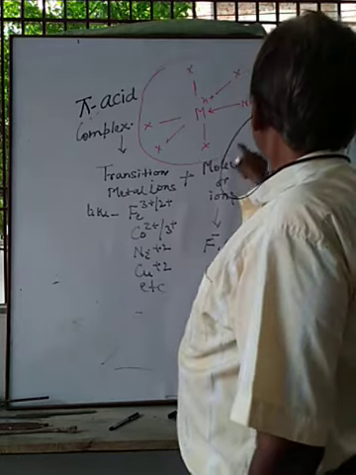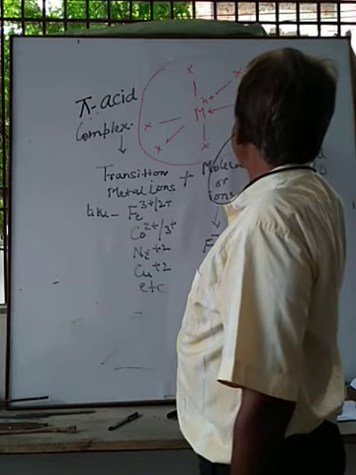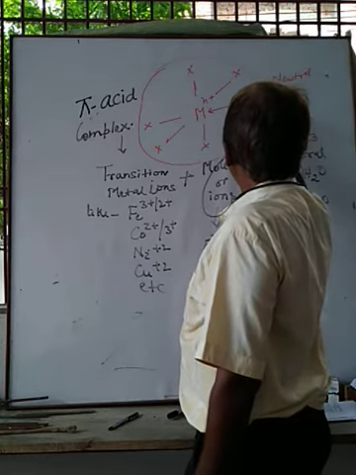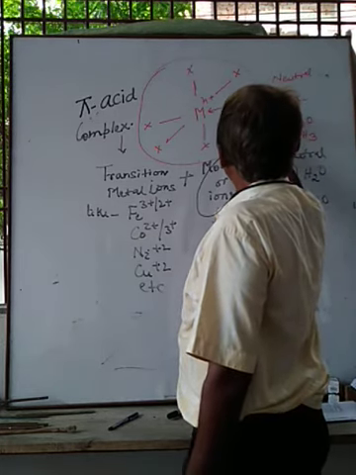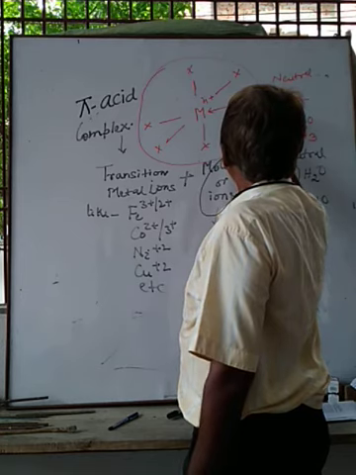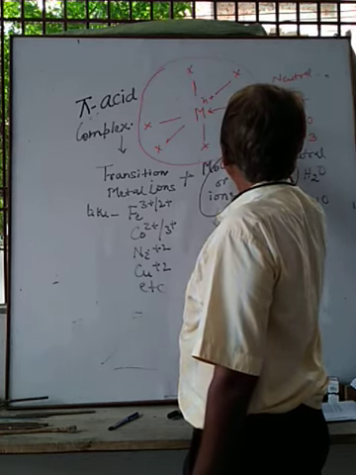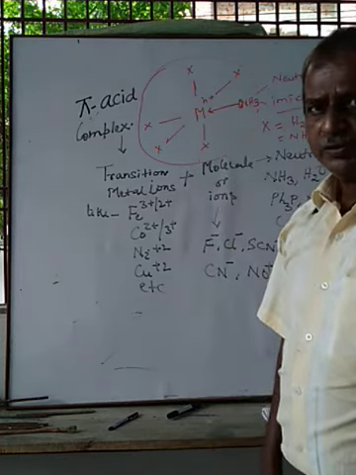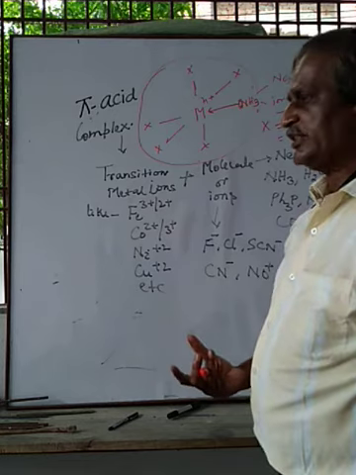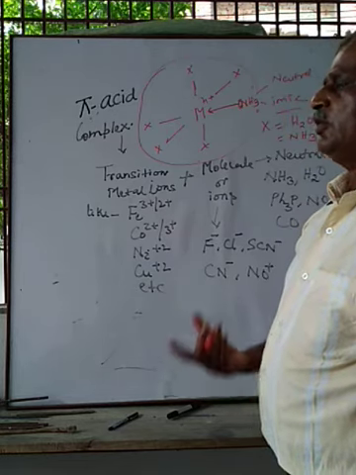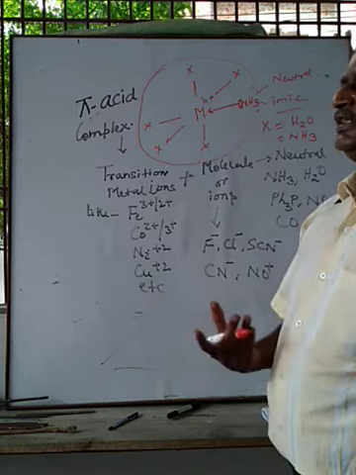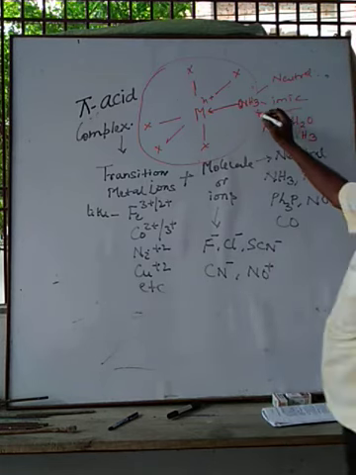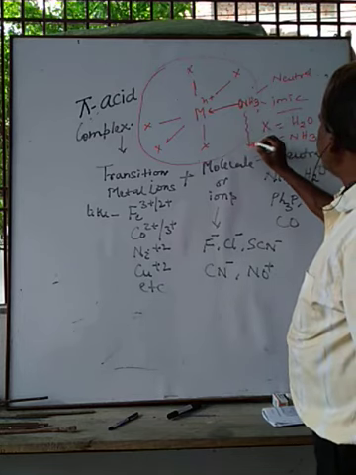This atom contains a lone pair of electrons, which is being donated to the metal ion. And according to the Lewis acid base concept, any molecule or ion which donates a pair of electrons is called a base. So this molecule may be treated as base.